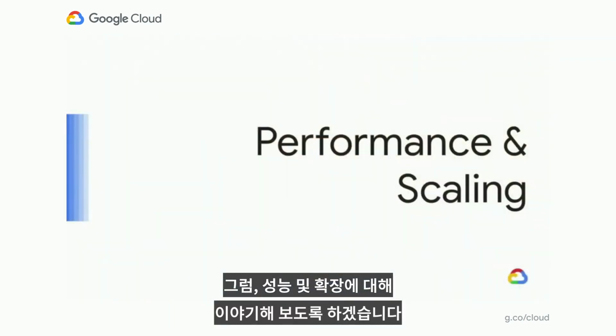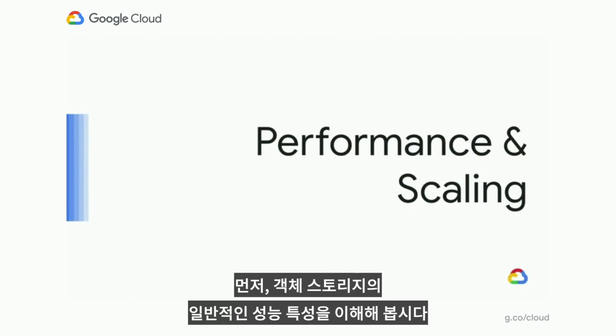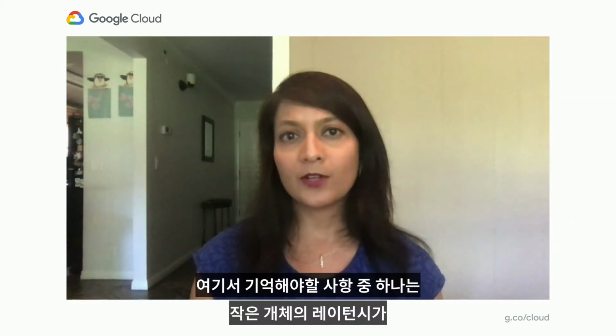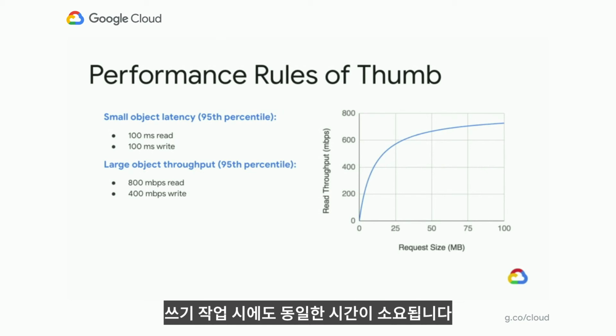Now let's talk about performance and scaling. So first, let's understand the general performance characteristics of object storage. One of the things to remember here is that latency for small objects could be relatively high. At 95th percentile, a 1 byte read could take about 100 milliseconds, and the same applies for write as well.